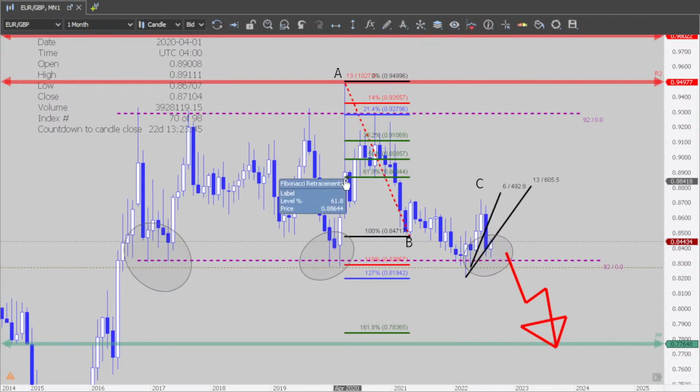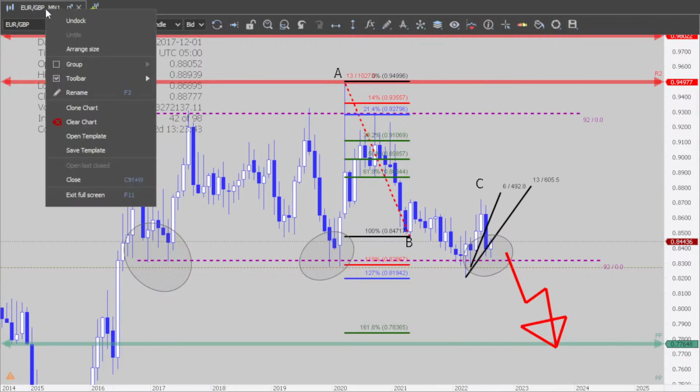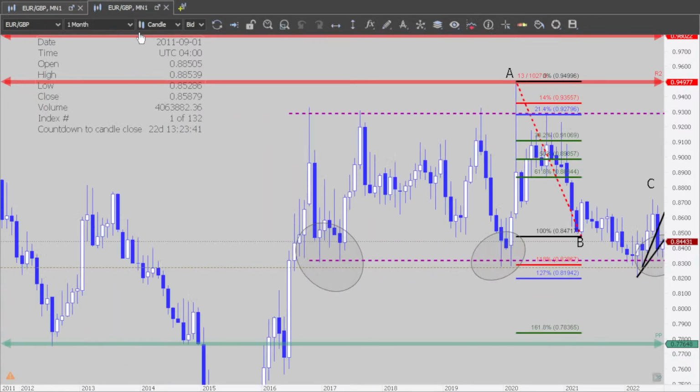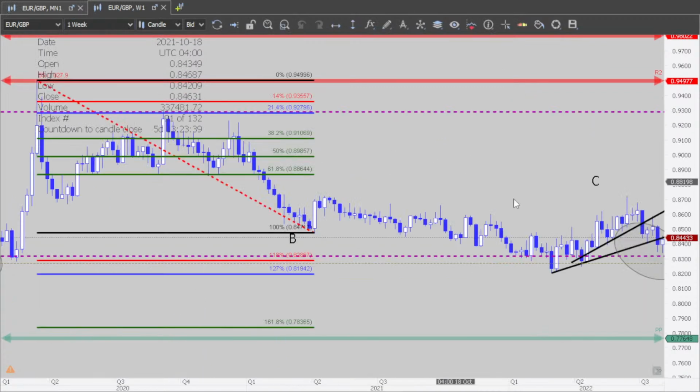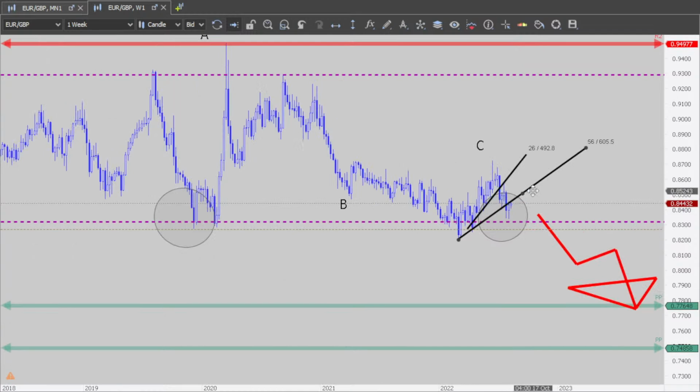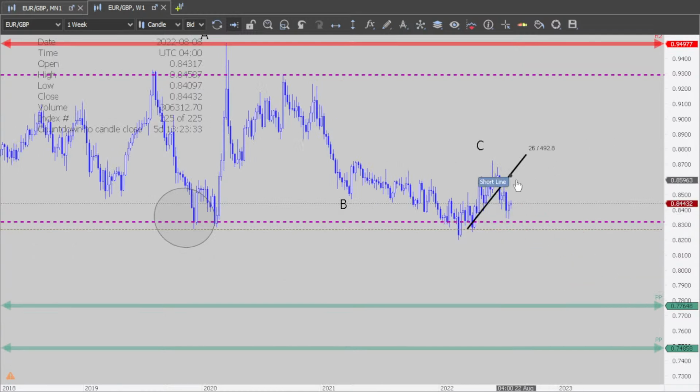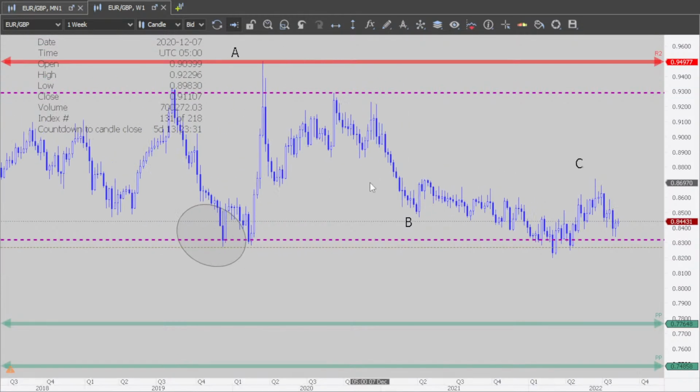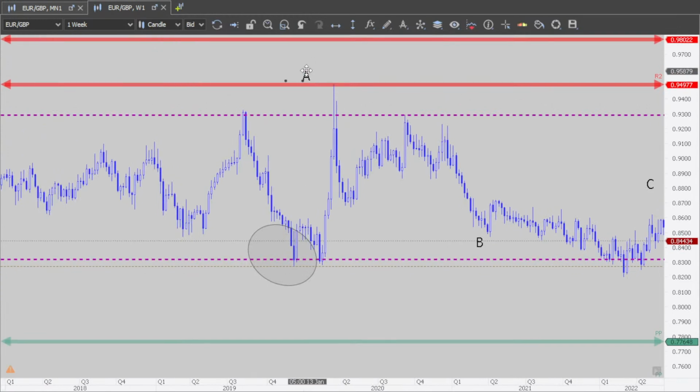And then, it's just an example, but we can clone the chart and go to the weekly chart. On the weekly chart, we're going to delete this and this and this one. This is going to be the A, right?